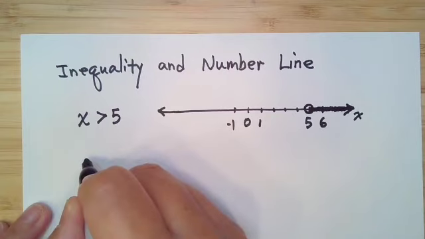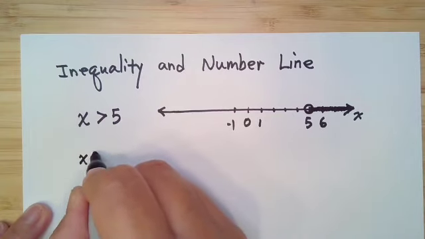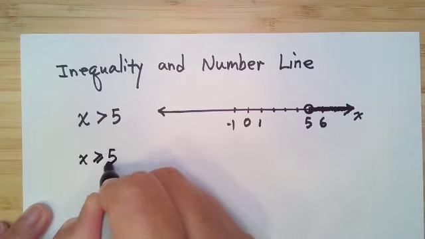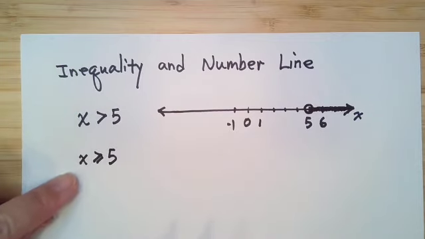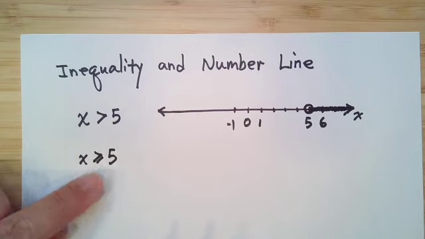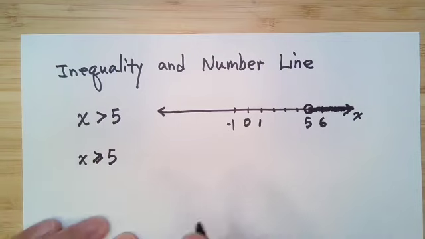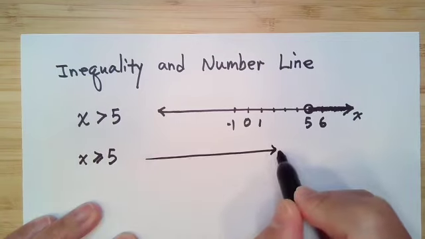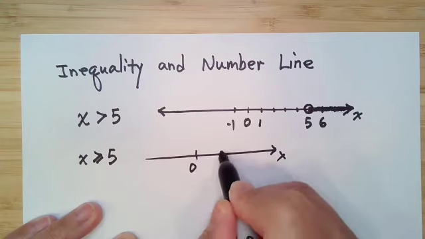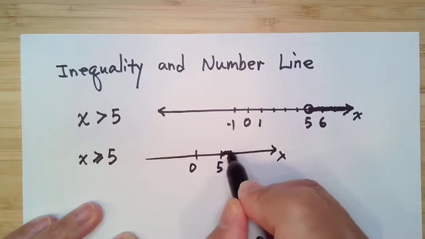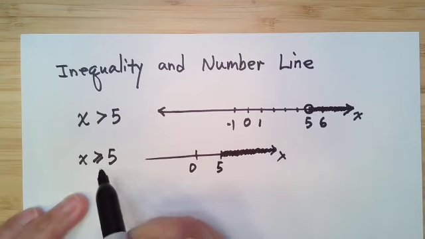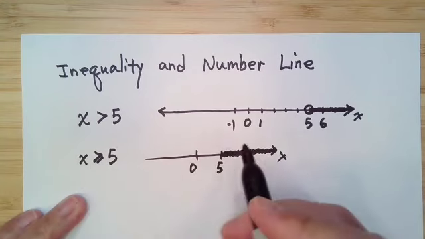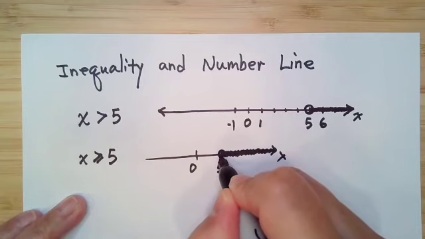Now, what about x is greater than or equal to 5? Is there a difference between the two? This one is greater than 5. This one is greater than or equal to, so either 5 or more. When you show this, here's a 0, here's a 5. Greater than 5 is here, right? Because x is greater than or equal to, we put a solid point at this point.